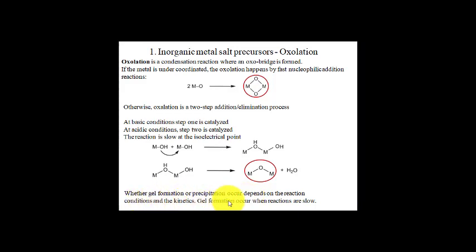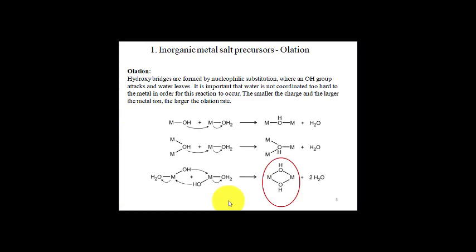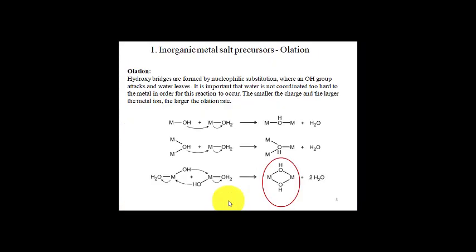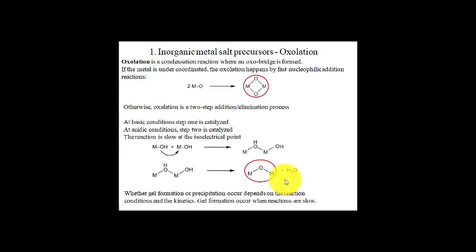Gel formation occurs when reactions are slow. So these are two processes: olation, where hydroxy bridges are formed, and oxolation, where oxo bridges are formed. Hydroxy bridges means the oxygen has hydrogen, and oxo bridge means only oxygen bridges the two metal atoms.